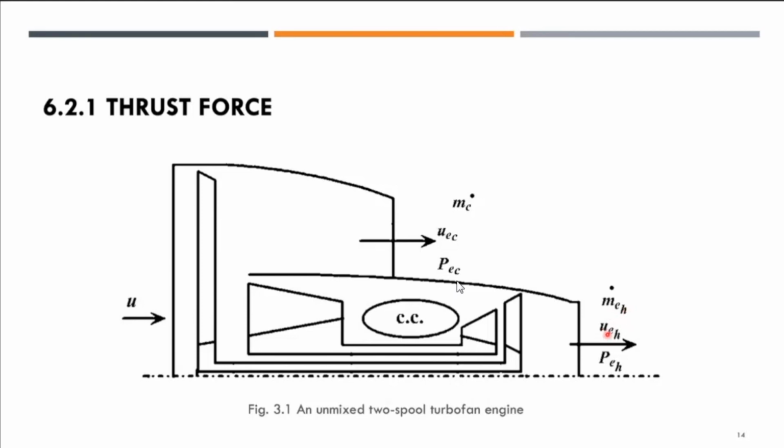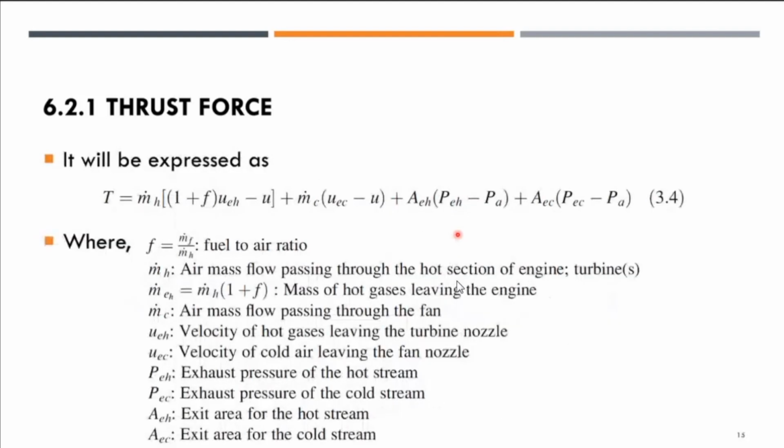UEH is the exit velocity in hot condition, along with the exit pressure in hot condition. At the same time, 80% of the air will be bypassed. This is a turbofan. So you have the cold component: mass flow rate cold, exit velocity at cold condition, the bypass, and the exit pressure at the cold condition.